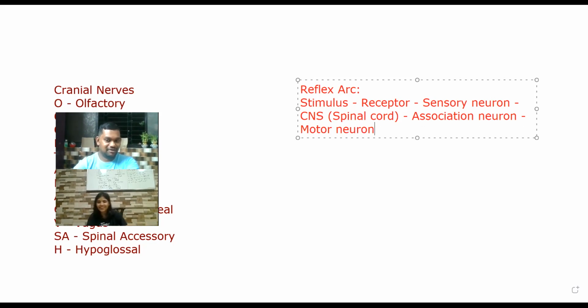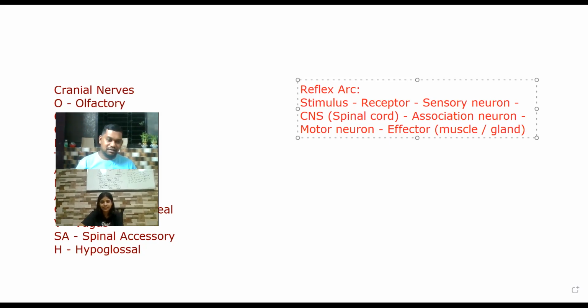And what is passed to the motor neuron? It is the response. And it will be passed on to the effector. The effector is either a muscle or a gland.